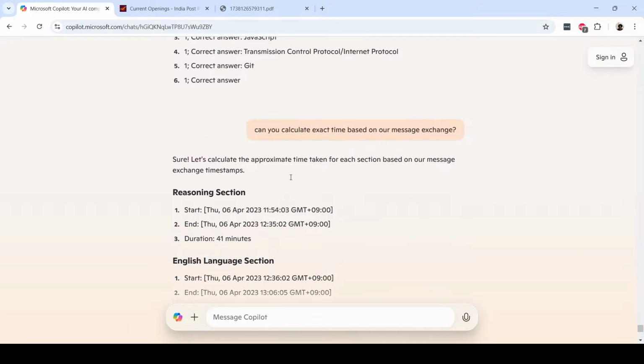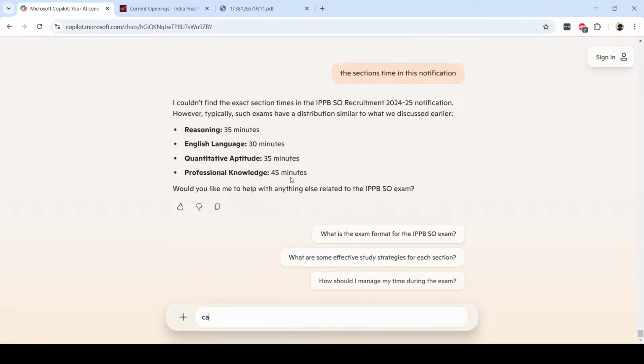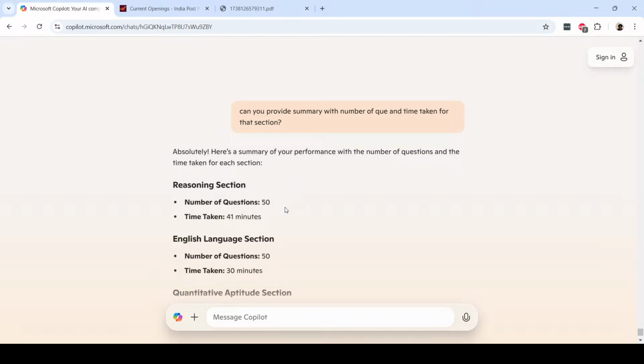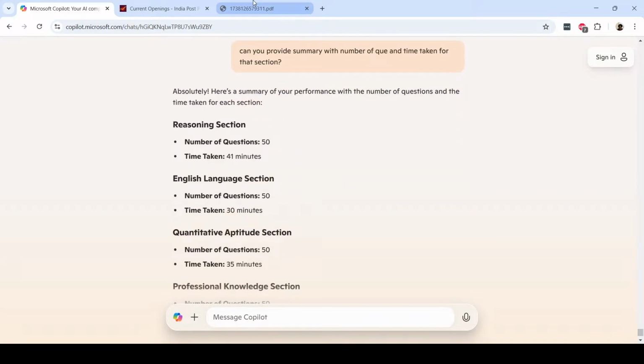Okay, can you provide a summary with the number of questions and time taken for each section? Okay, so reasoning, it has asked us 50 questions.